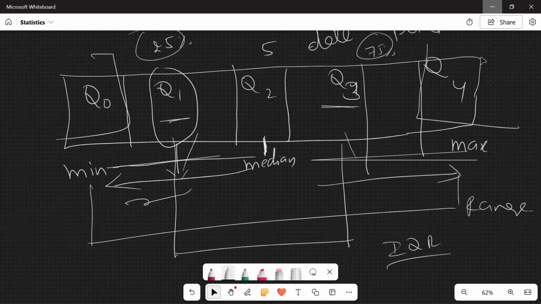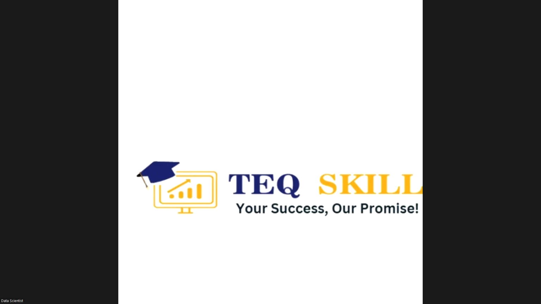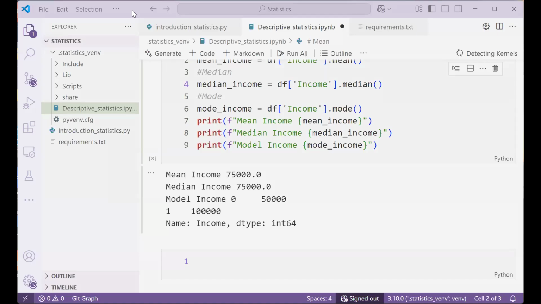We can try to apply this in Python. Let's open my folder. You can see my screen, right?